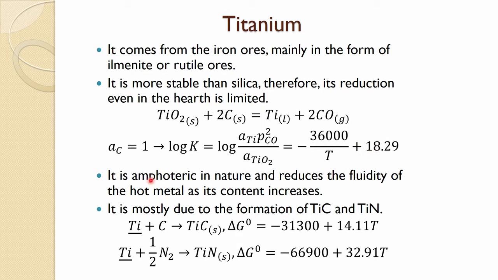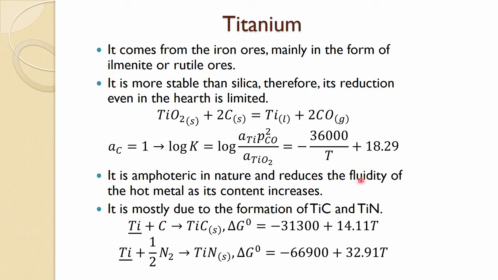It is amphoteric in nature and reduces the fluidity of the hot metal as its content increases. So, it is not advisable to have more titanium in the ore or in the metal. This is mostly due to the formation of titanium carbide and titanium nitride.